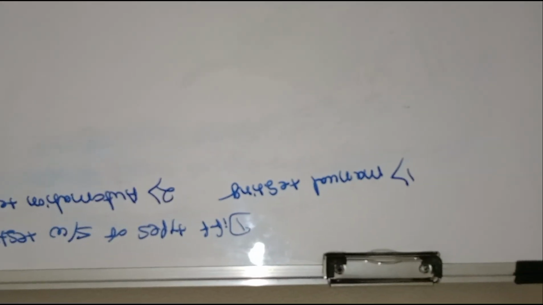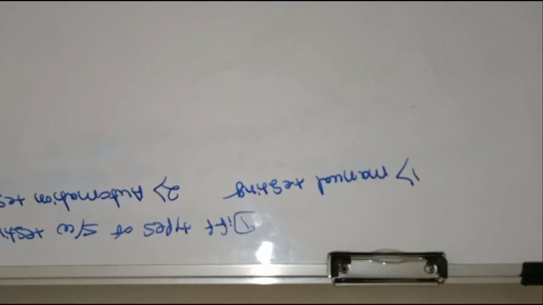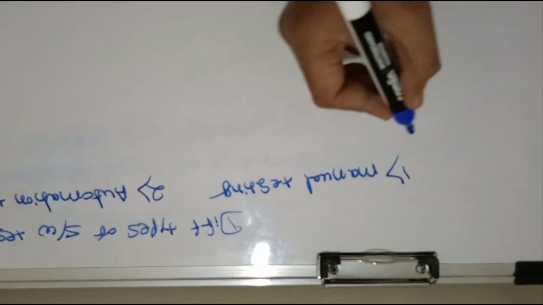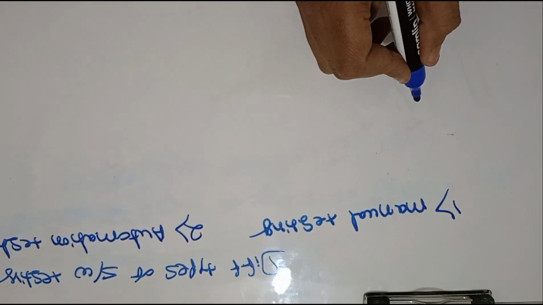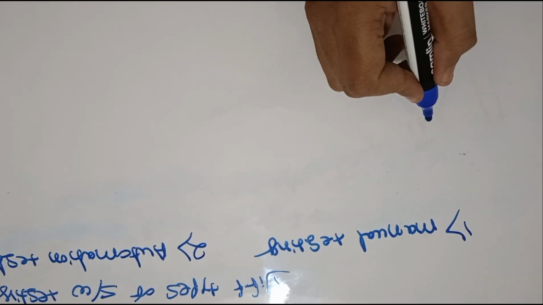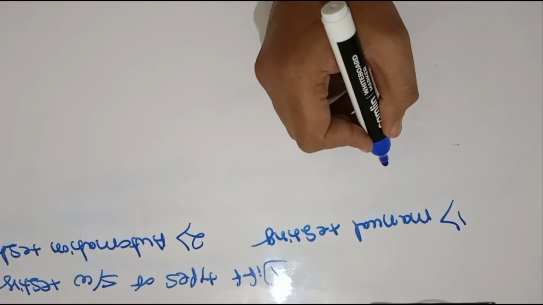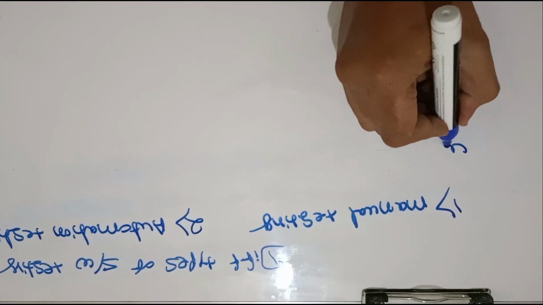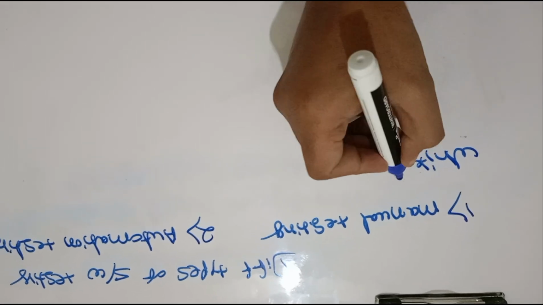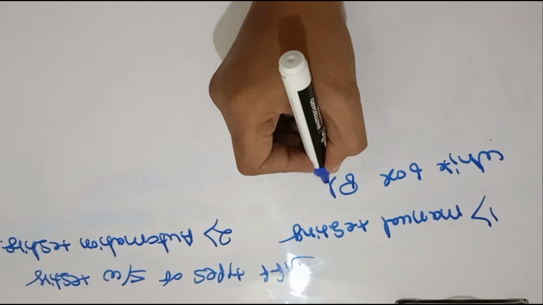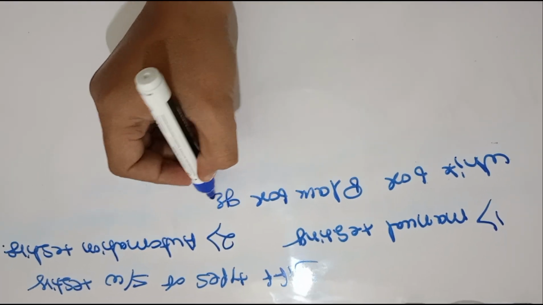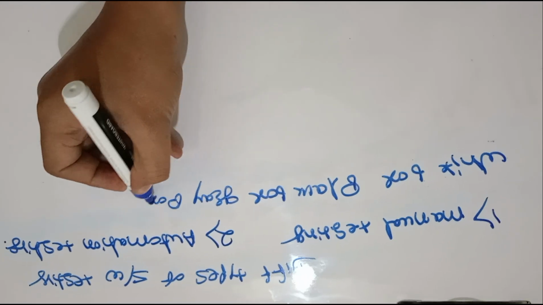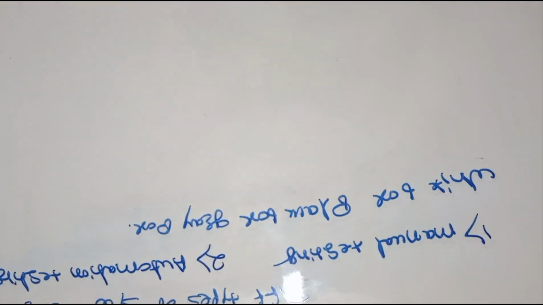Okay, so manual testing again consists of different types, like white box, black box, and gray box.